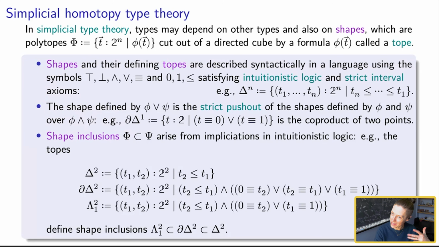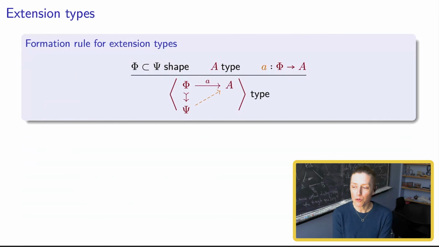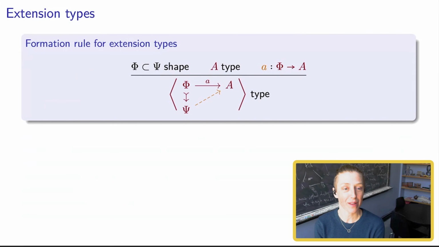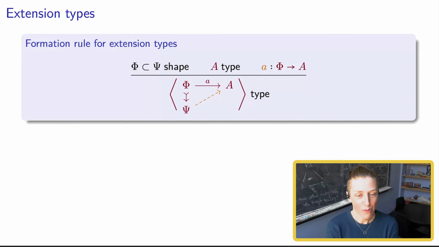So these are the shapes, and types and terms can depend on these shapes as well as other types. And then there's one new type forming operation in simplicial type theory, which is something called extension types. And what it says is that if I'm given an inclusion of shapes, so like a simplex and some sort of subcomplex of a simplex, and also a type, and also a function from the smaller shape into the type, then I get to form a new type, which I've denoted here in some sort of cartoon way.